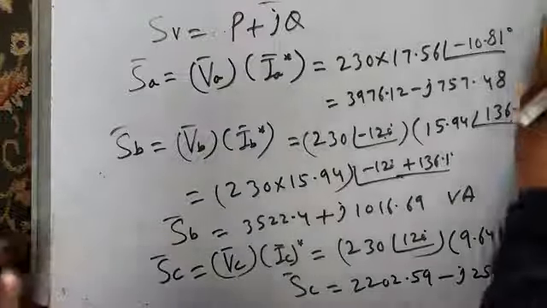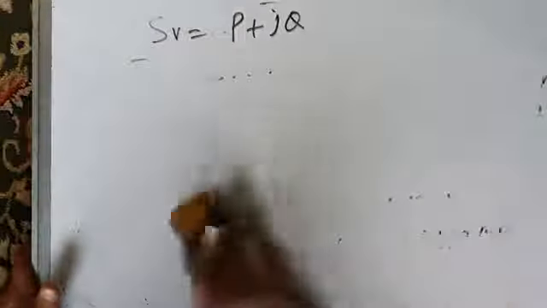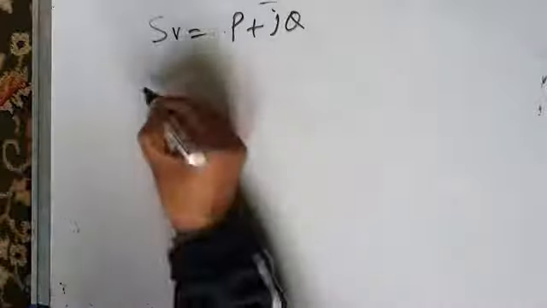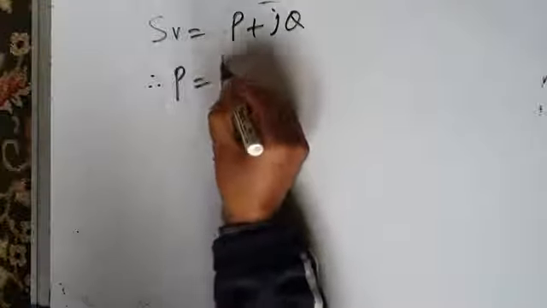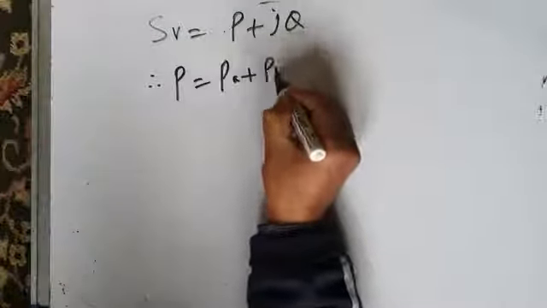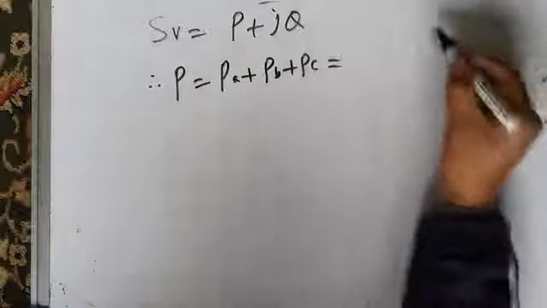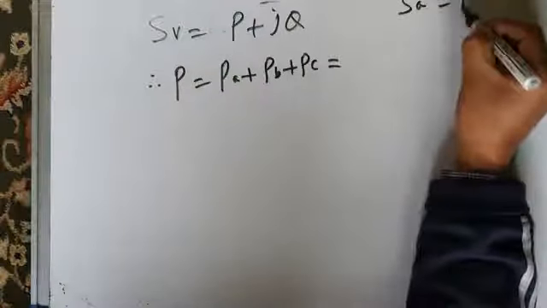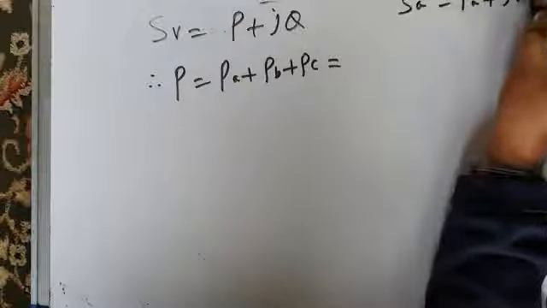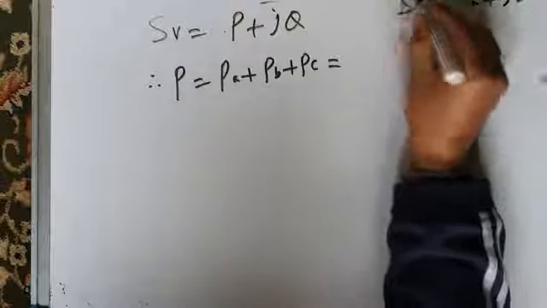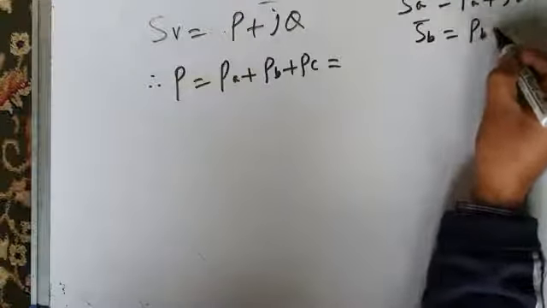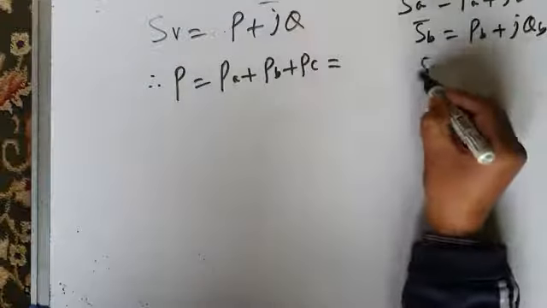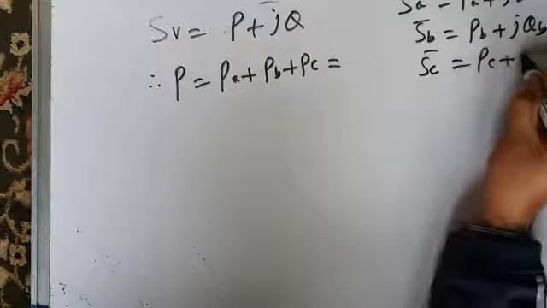So now you have SA, you have SB, you have SC. Therefore, what is P? P is equal to PA plus PB plus PC. These three, SA is PA plus jQA, which we calculated a while back, SB is PB plus jQB, and SC is equal to PC plus jQC.